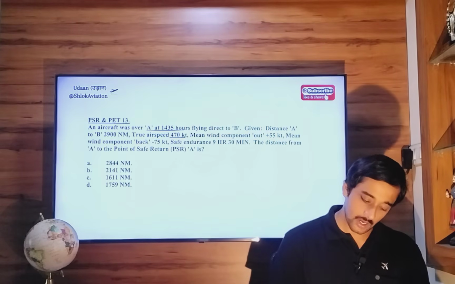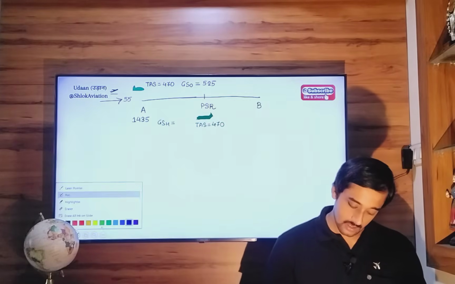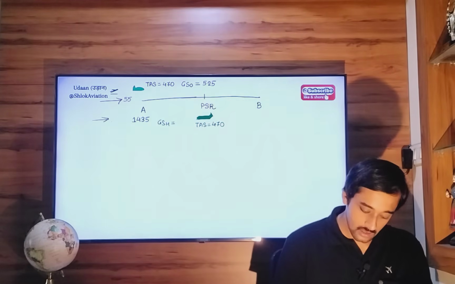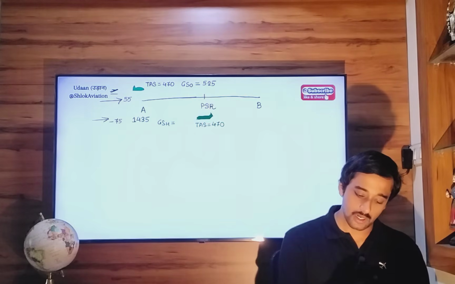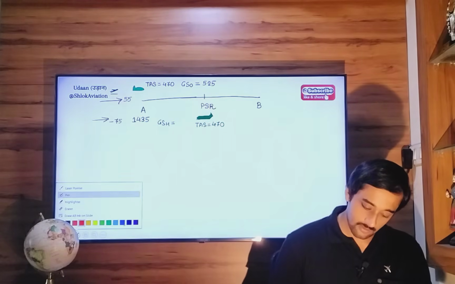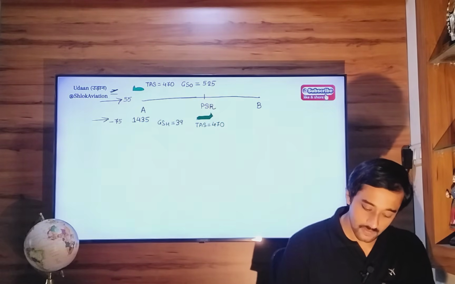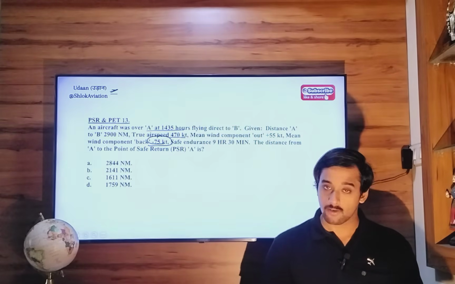Now flying homebound, you are getting a headwind of minus 75. So ground speed will be 470 TAS minus 75, which is equal to 395. Okay, a homebound ground speed of 395 knots.